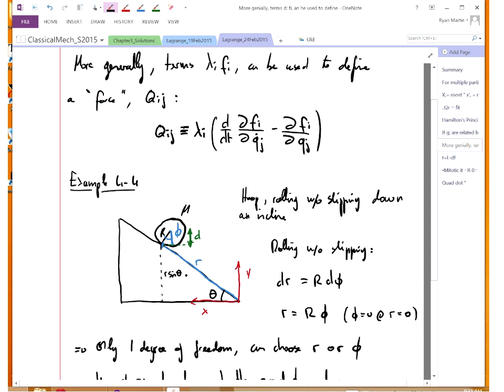Same thing, hoop rolling down the slope, and we've done it now with 2 degrees of freedom instead of 1, but you can do it with 3 degrees of freedom. And so example 4.5 asks you to now do it with x, y, and phi. So instead of using r, we'll use x and y independently in phi.